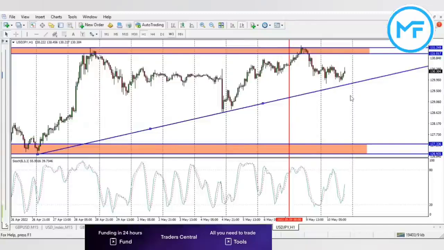So if it goes below here, and at the same time it also goes oversold, it's also a good time to sell. So it's just that simple. And then when that happens, you are selling up until here.